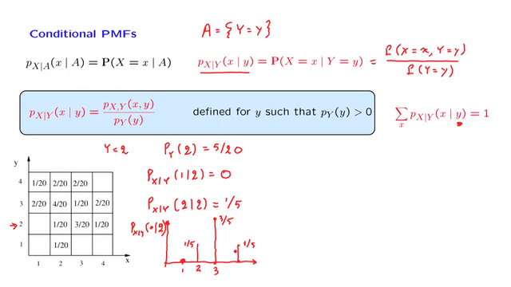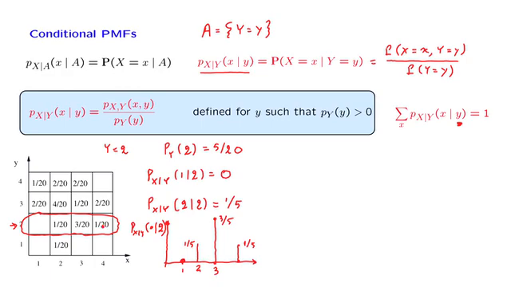Now we could have found this conditional PMF even faster without doing any divisions by following an intuitive argument that we have used before. We live in this conditional universe. We have conditioned on y being equal to 2. The conditional probabilities will have the same proportions as the original probabilities, except that they need to be scaled so that they add to 1. So they should be in the proportions of 0, 1, 3, 1.